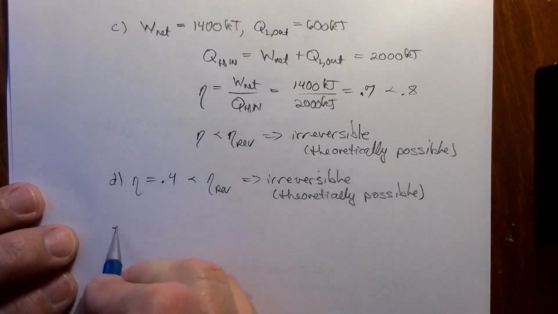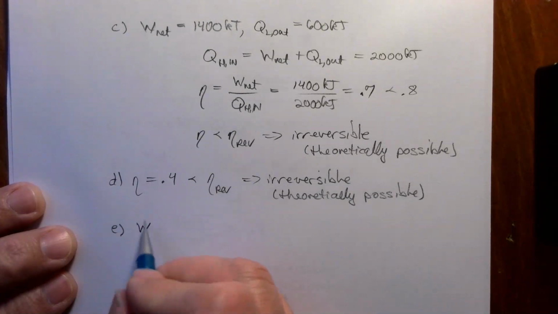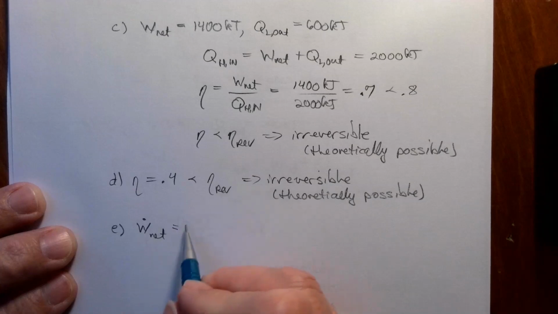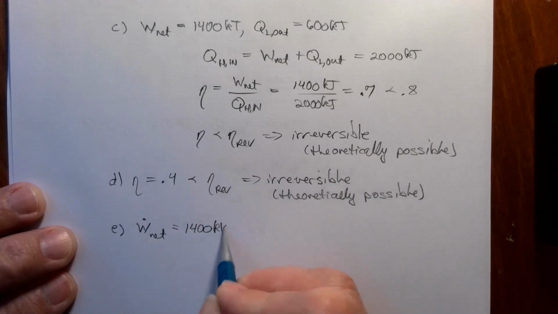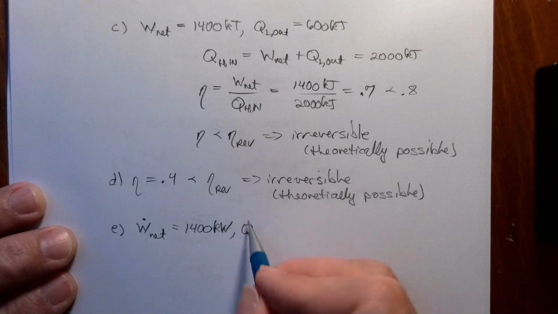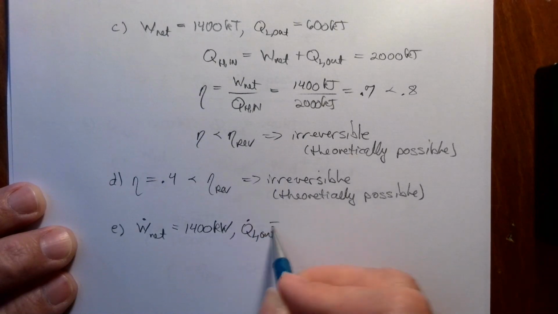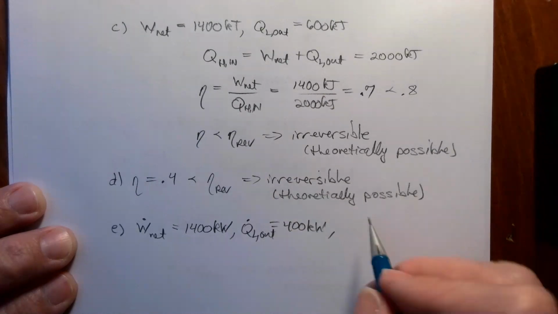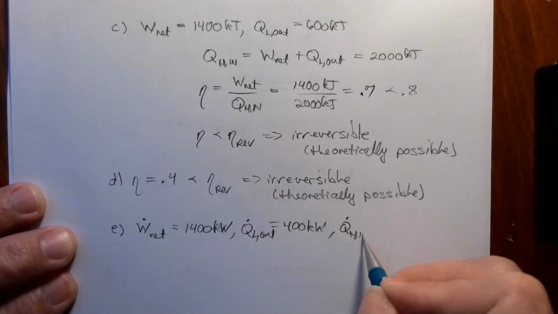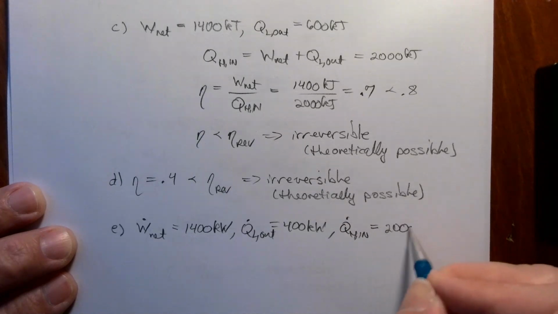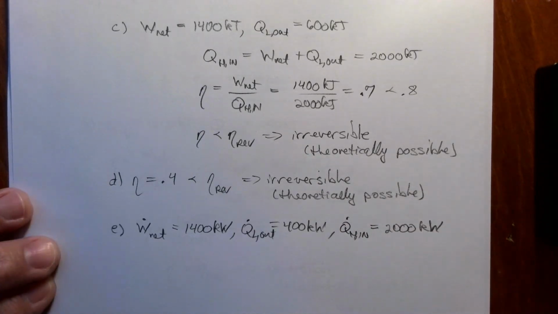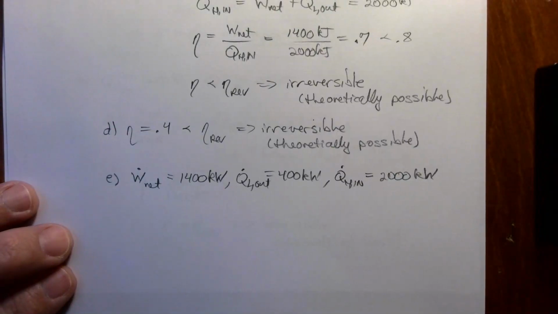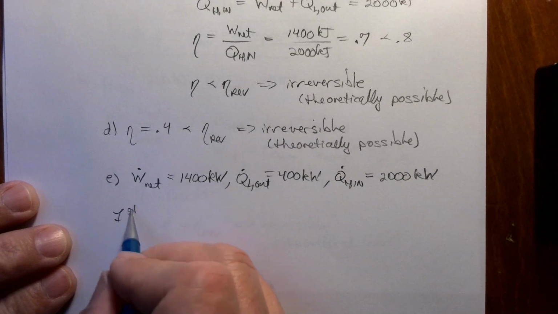For the last case, they give it to us in terms of powers, but that's fine. So W dot net is equal to 1400 kilowatts. They tell us that Q dot L out is equal to 400 kilowatts, and also that Q dot H in is 2000 kilowatts. They give us all three so that we can use that to check the first law to begin with. Let's check the first law.